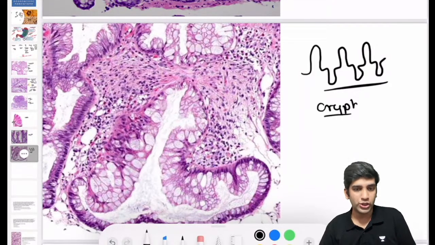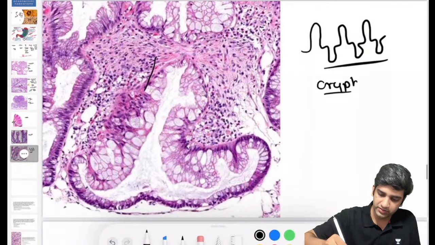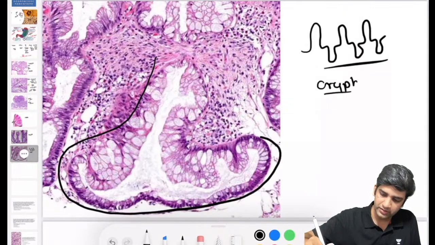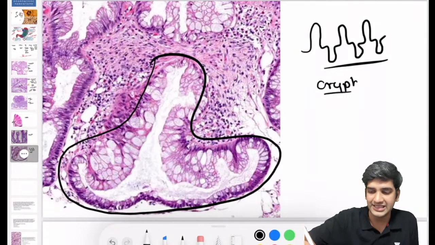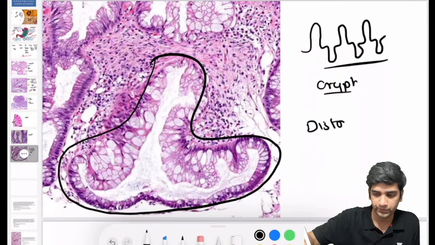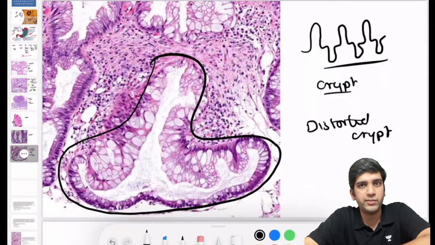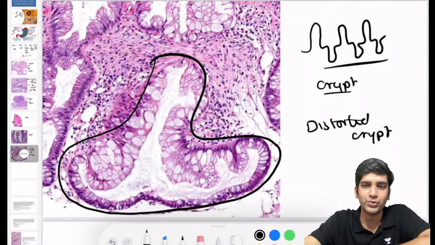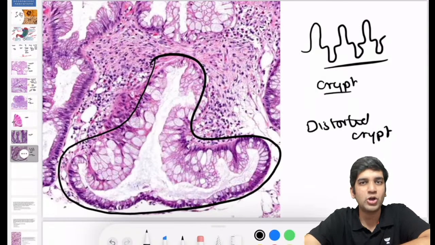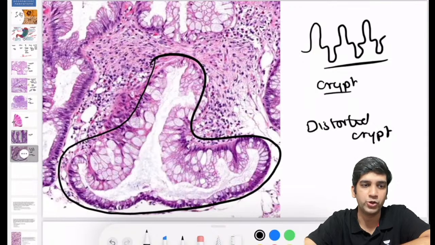So if a crypt is not U-shaped, for example, this crypt looks like a T, it's definitely not U-shaped. This is how a distorted crypt looks. If you have a crypt which is not U-shaped, I call it a distorted crypt, or boot-shaped crypt if you want to call it, whatever shape you want to call it. It is not U-shaped, so I call it a distorted crypt. Distorted crypt plus serrations: my diagnosis is serrated adenoma, fine.